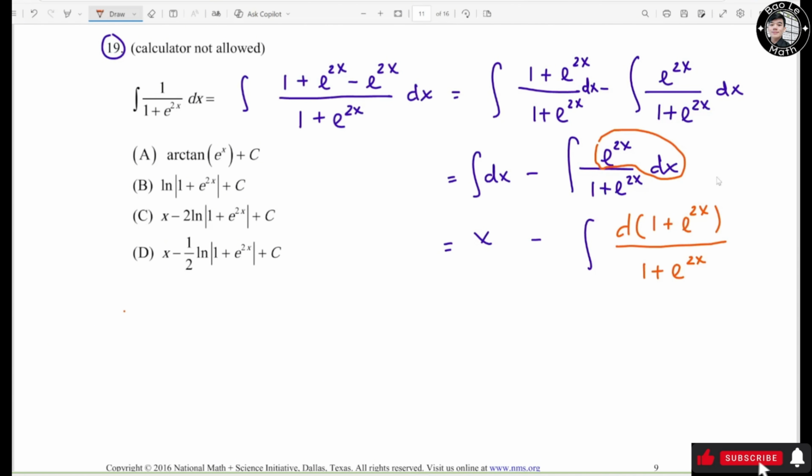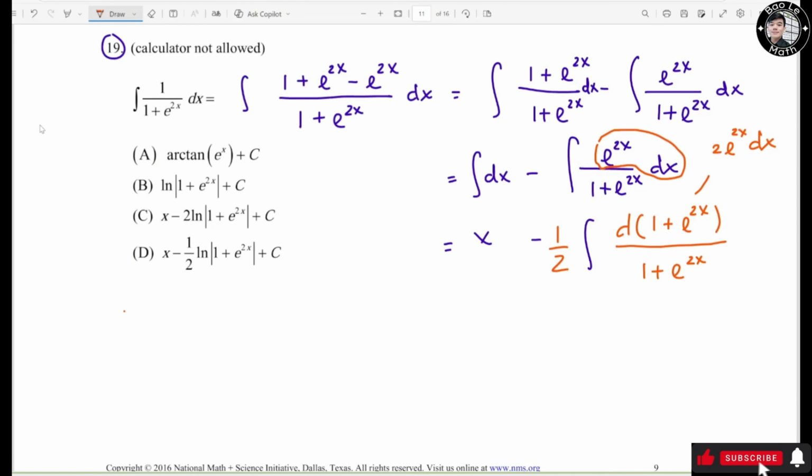If I take the derivative of this, I get 2 e to the 2s ds, but I only have e to the 2s ds right here, so I need to divide by 2. So I put 1/2 in the front, so things don't change.